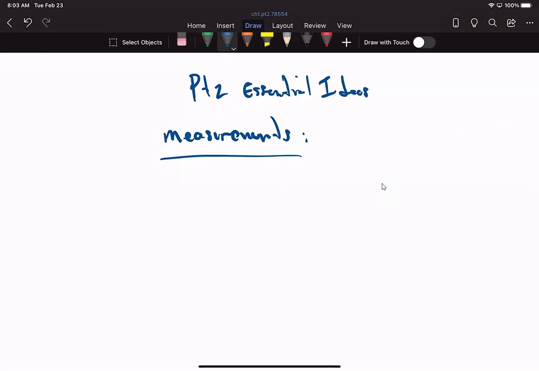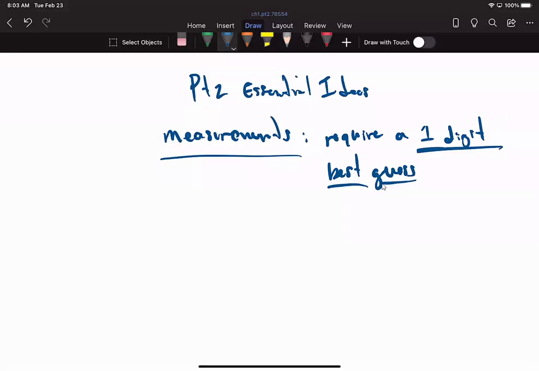And measurements require a one-digit best guess.